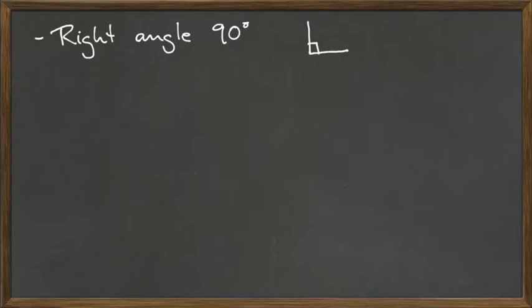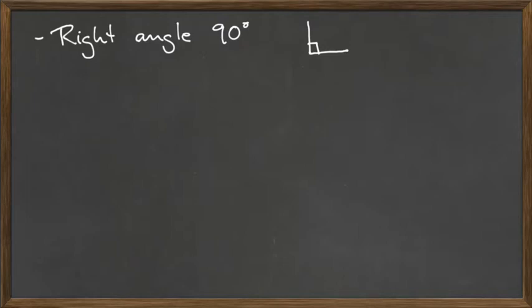So now, if we're trying to find the sum of two angles and it adds up to 90 degrees, these angles are called complementary angles. Ever heard the word complementary angles?